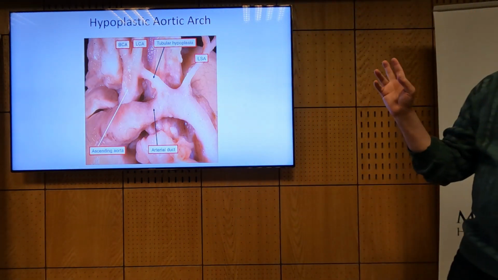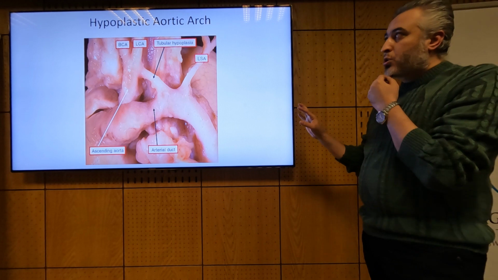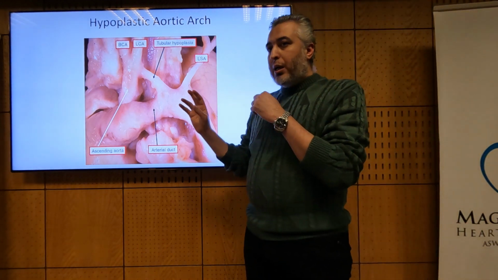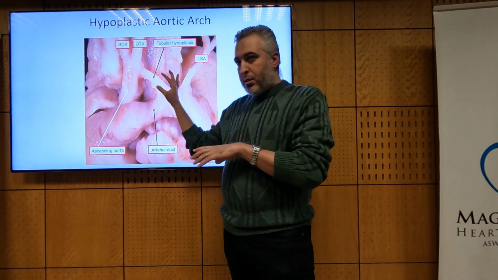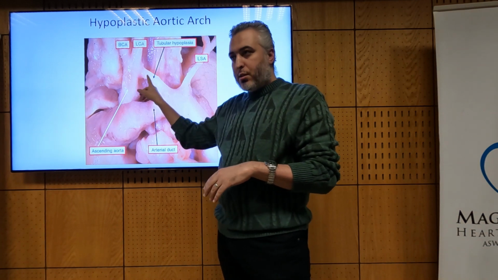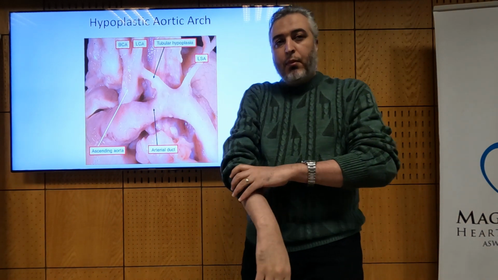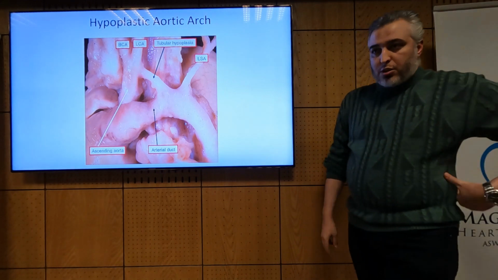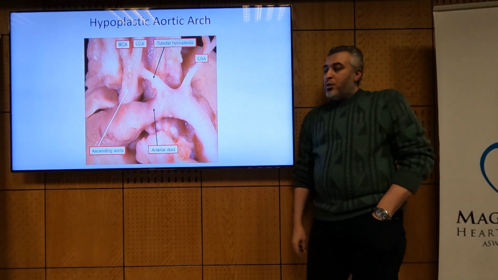So how would you define hypoplastic aortic arch? How small is small to say that this aortic arch is small, not just the isthmus? There are different definitions for that, for different patients.